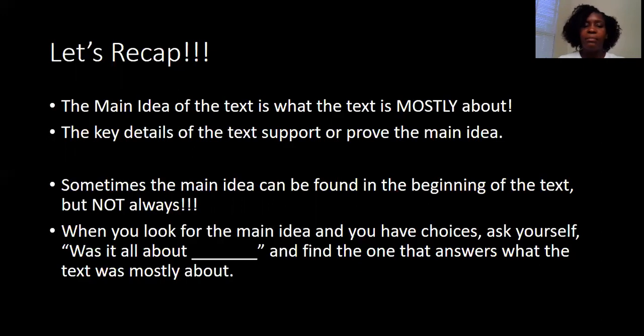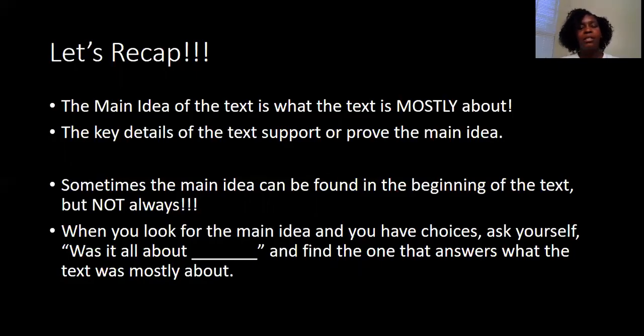Third, sometimes the main idea can be found at the beginning of the text, but not always. Fourth, when you look for the main idea and you have choices, ask yourself, was it all about this? And find the one answer that answers the question of what that text is mostly about.